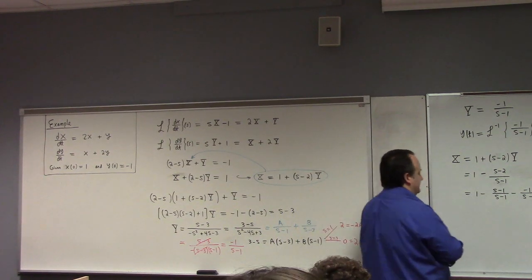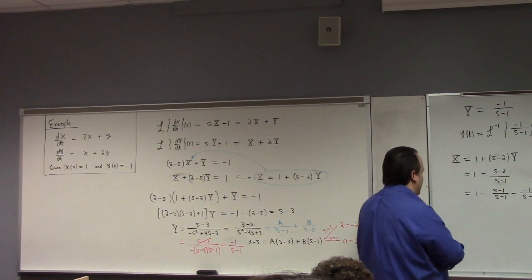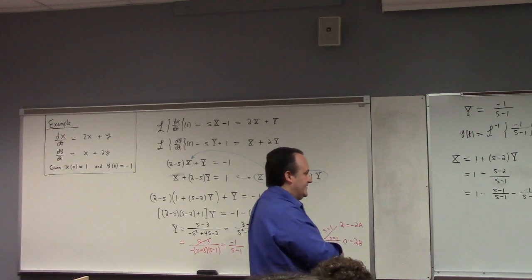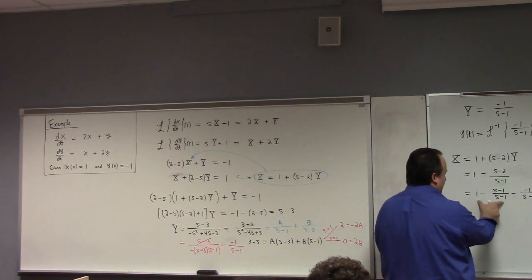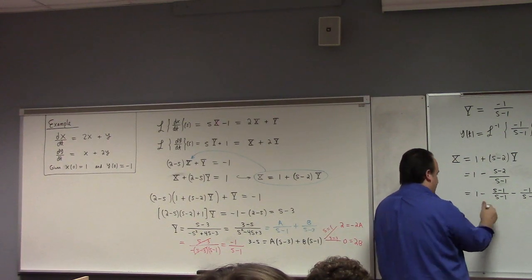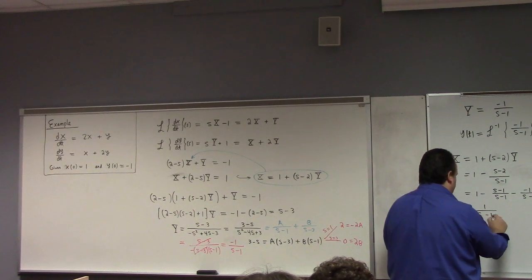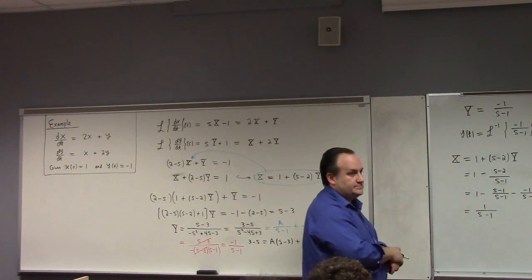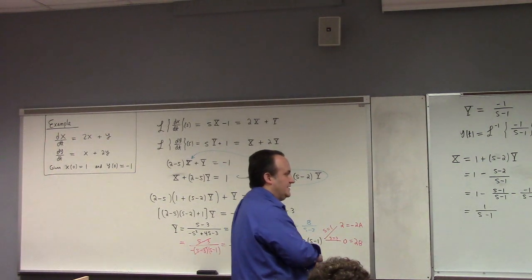I don't know, if you understand it, you understand it, I guess. But the point is that that cancels, and you're just left with what? 1 over s minus 1, right? If I haven't made a stupid mistake again.